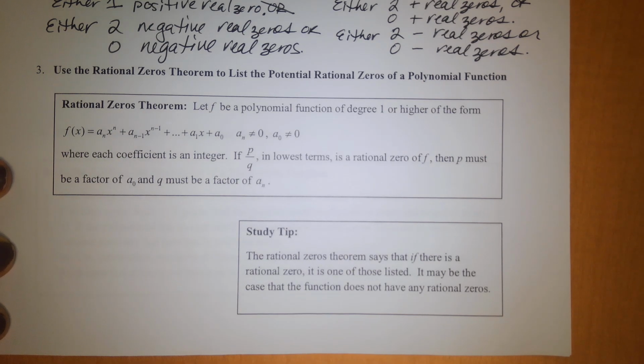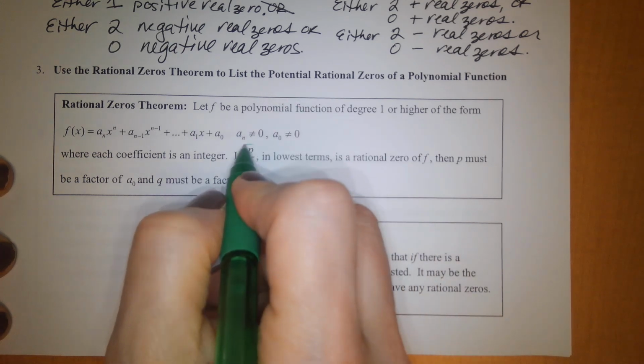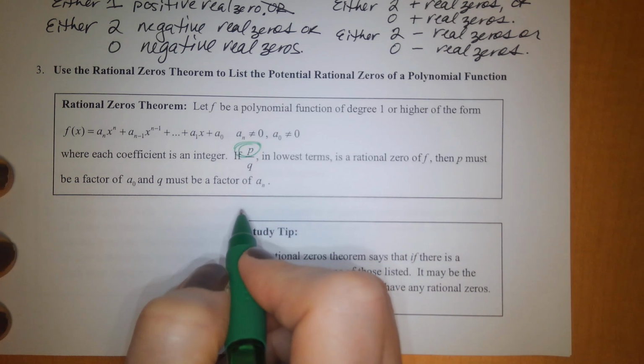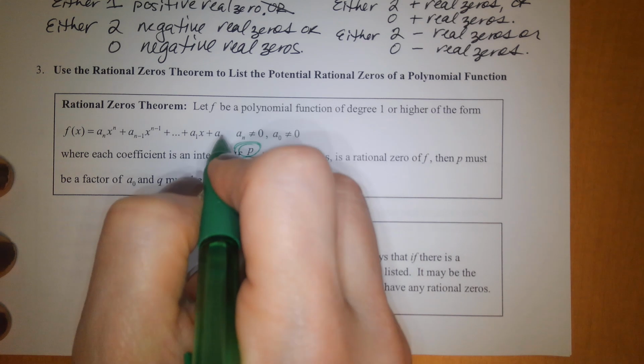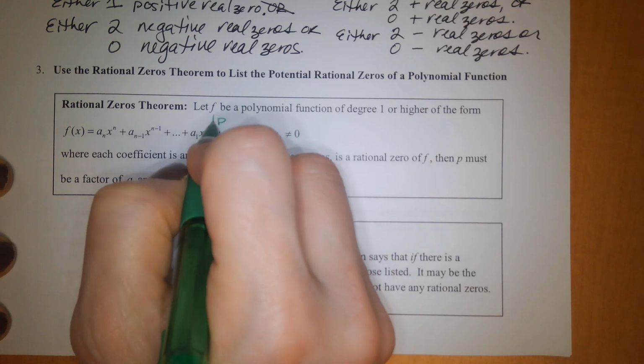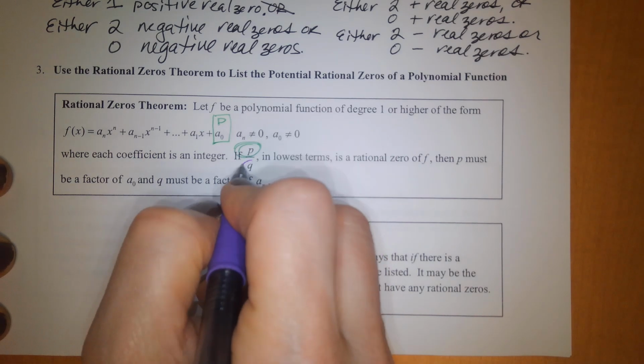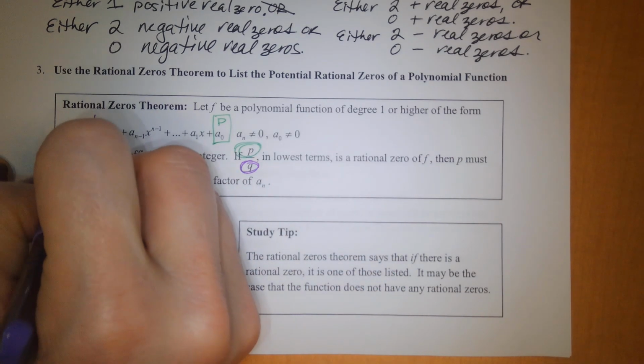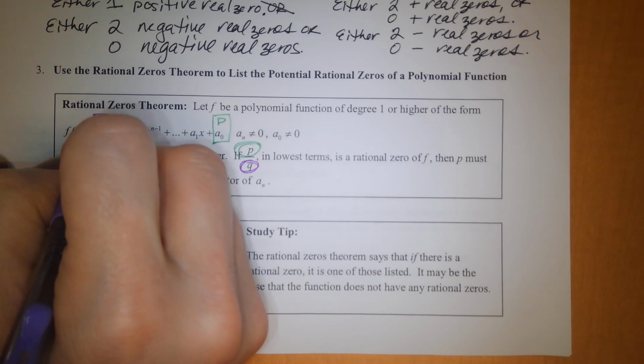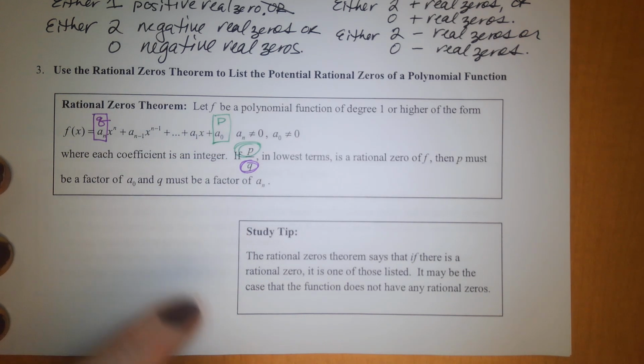So we're going to use p, the numerator. p is going to be a factor of this last term. So p is going to be all factors of this constant, where q is going to be all factors of the first term. And we're going to use this p and this q to determine what the potential zeros might be.